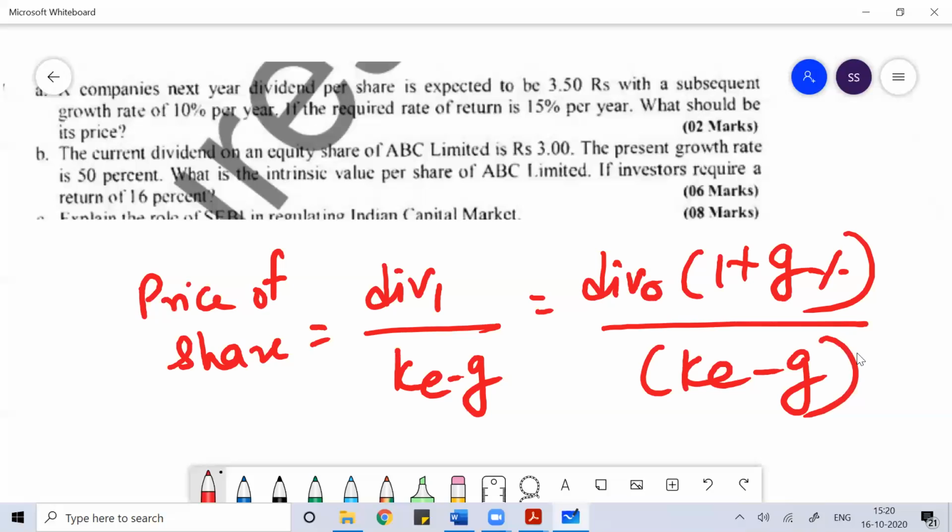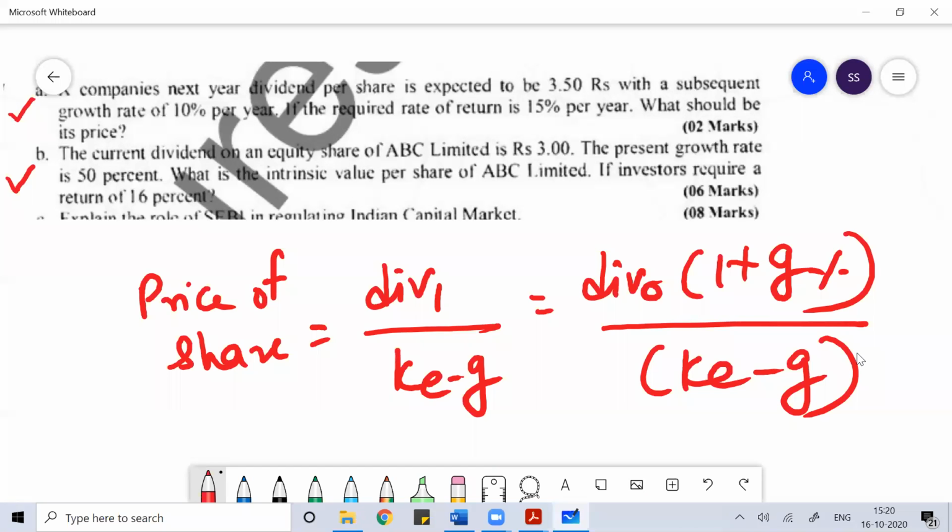Div naught means present dividend of the share. Div1 means dividend for the next year. K is the cost of equity. G is the growth rate. I'm going to use this formula to solve question A and question B. Whenever the current dividend or the next year dividend is given, this is the formula we need to use.